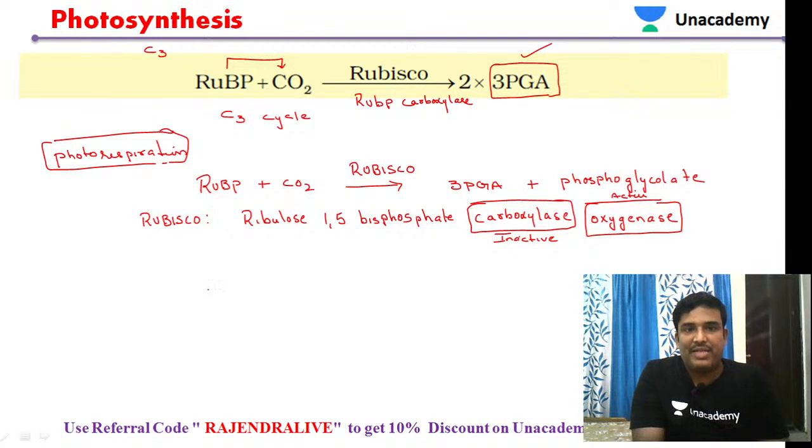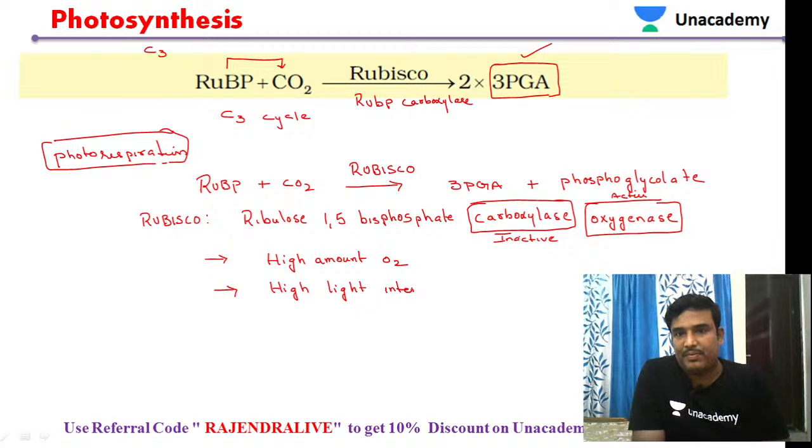What are the conditions for photorespiration? Photorespiration takes place when there is a high concentration of oxygen, high light intensity, and high temperature.